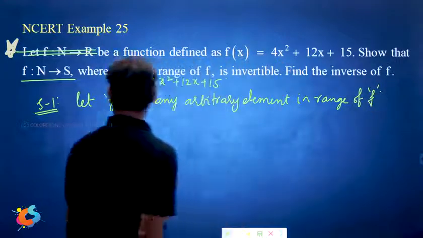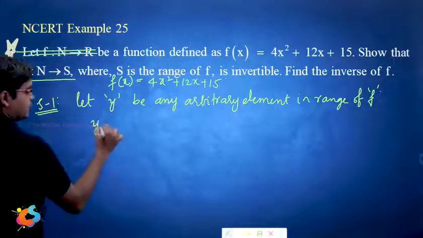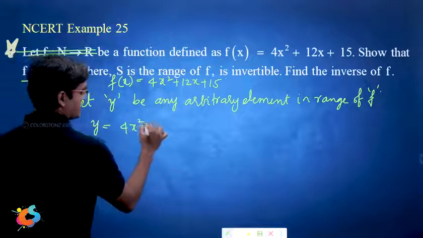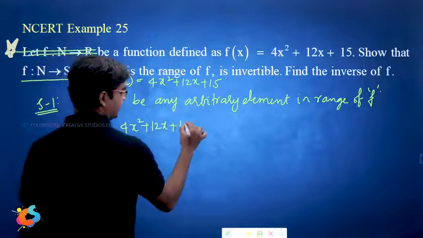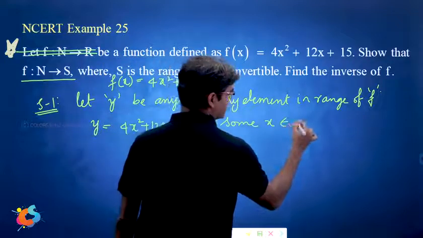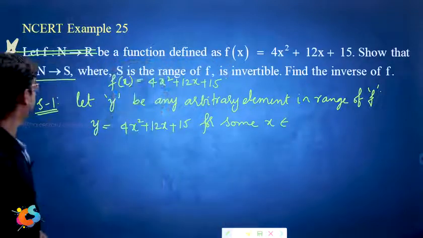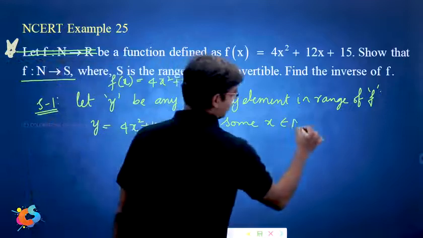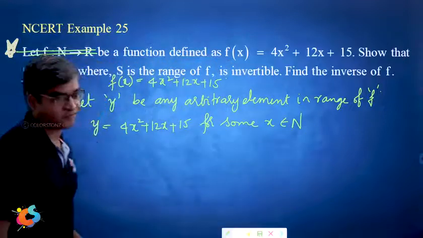Okay, this is the first line. y is equal to 4x square plus 12x plus 15 for some x belonging to the domain of f, and that will be N. So write N here. This is step 1.